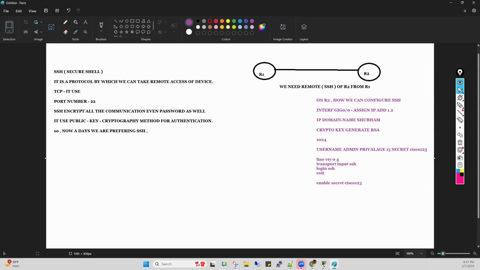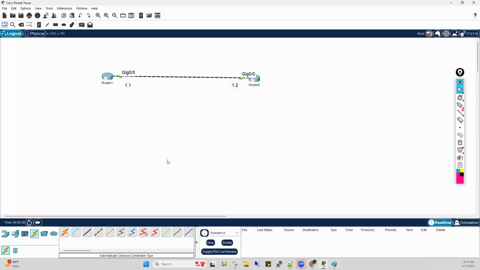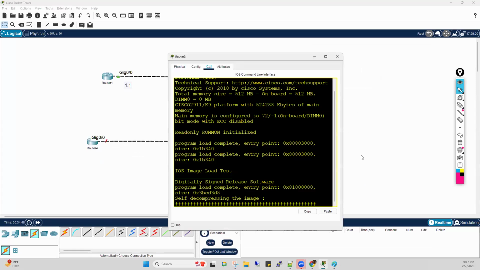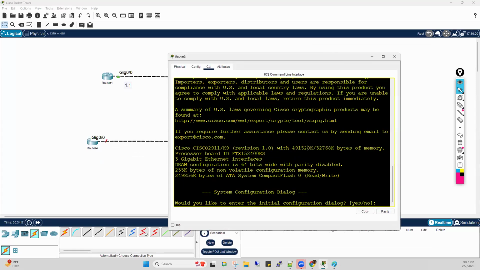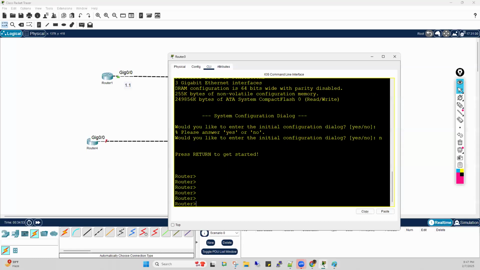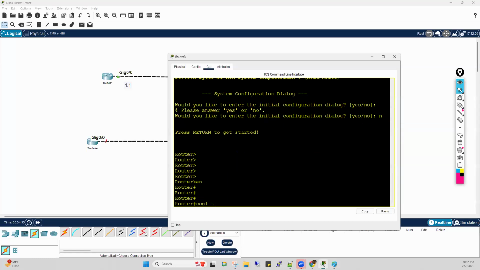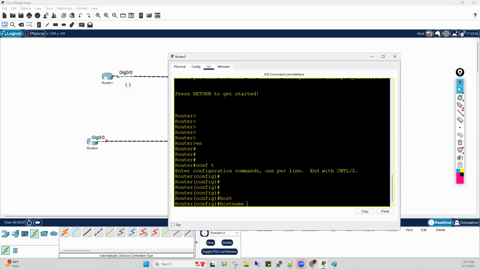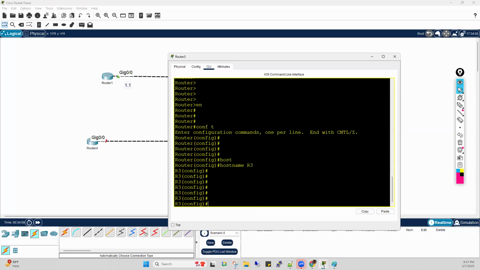Right now? Yes. I can show you. I connect both routers like this. Hostname R3.